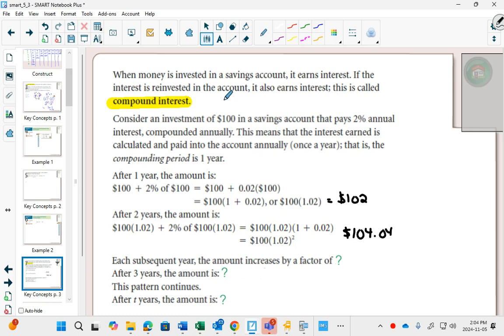But if we were to graph this time after time, you keep multiplying by 1.02. This is an exponential function. Yes, this is super close to 1, but it's still bigger than 1. So it would have the shape of everything that's bigger than 1.